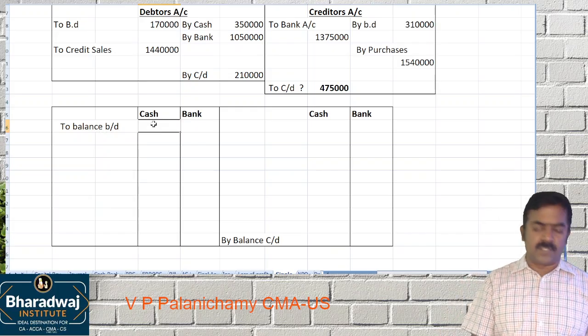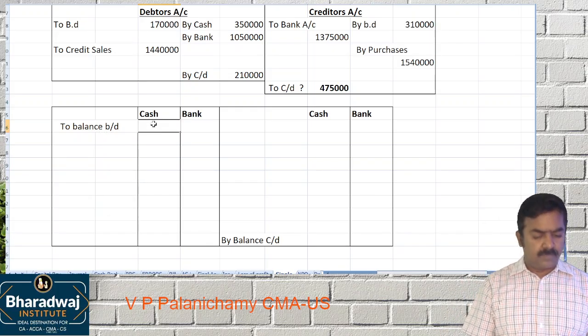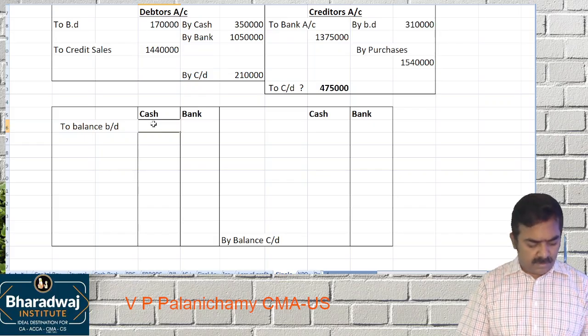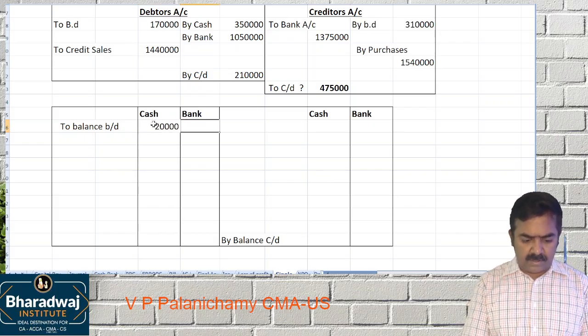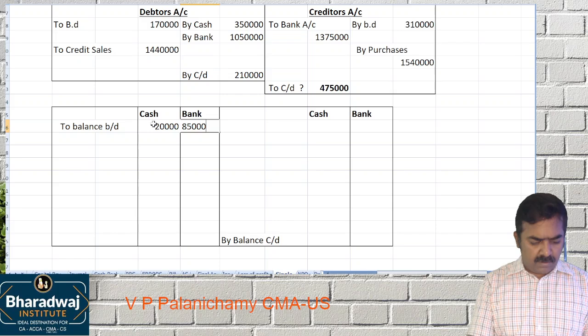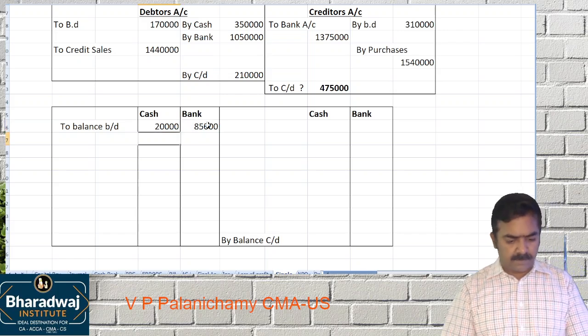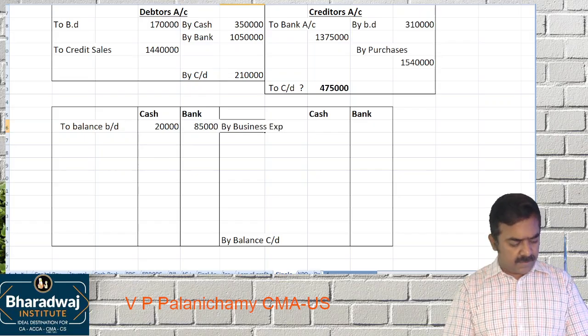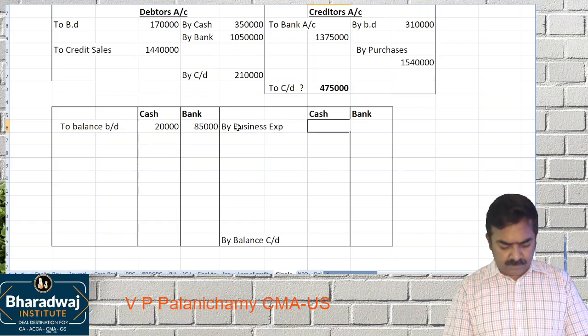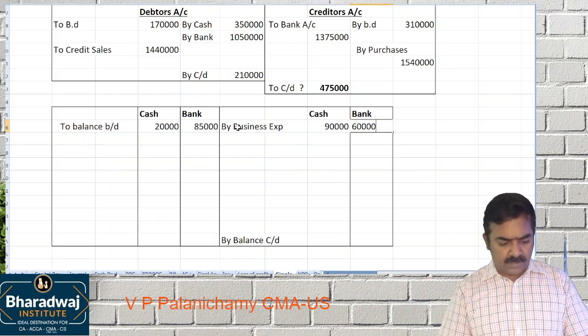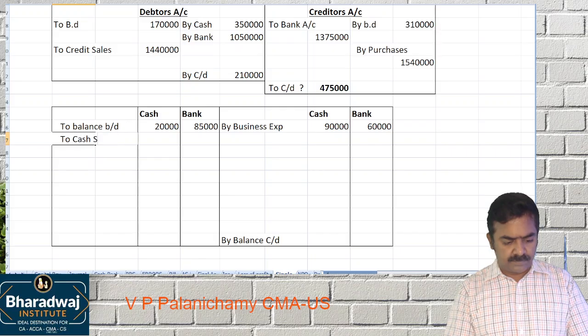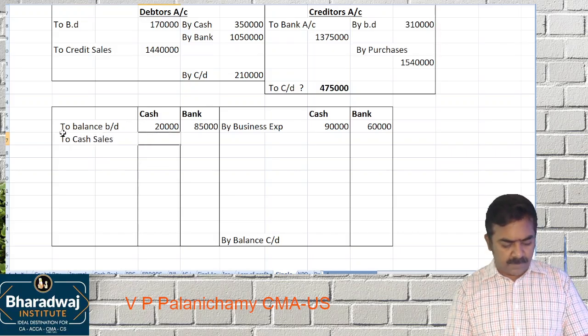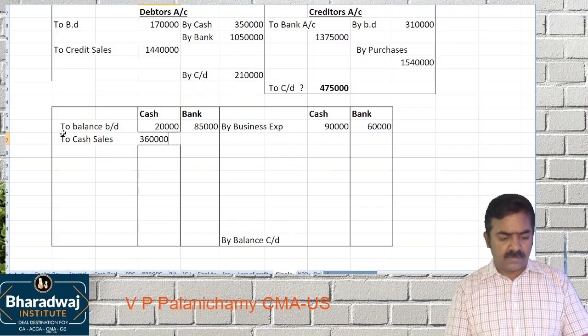What is the opening balance of cash and bank given? 20,000, 85,000. What are the other transactions? Business expenses, how much have they paid? 90,000 and 60,000 paid. Cash sales, how much have we received? 3,16,000.